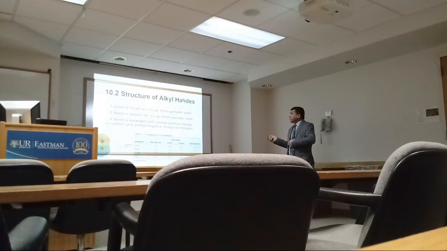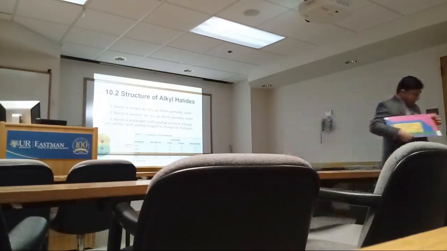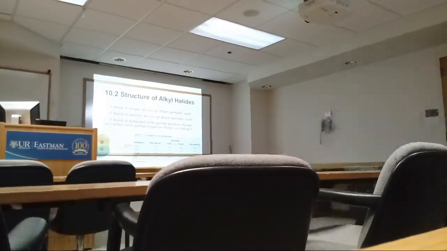Now, here we have the structure of alkyl halide. The structure of alkyl halide, with its C-X bond, is longer as you go down the periodic table. So, for example, here we have fluorine, and then chlorine, bromine, iodine. As you go down the table, the bond they make with the carbon becomes longer and longer. Fluorine, which is up in the table, has a bond distance with the carbon of 139 picometers.